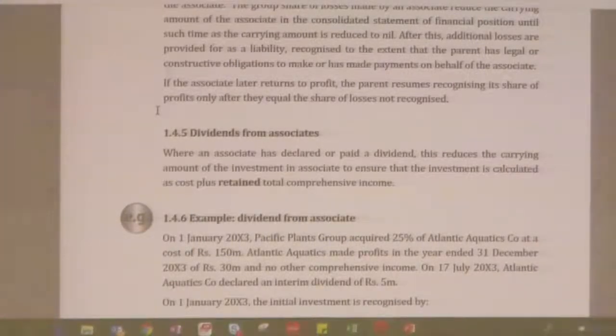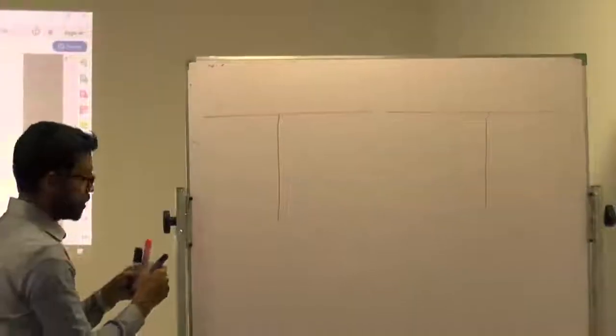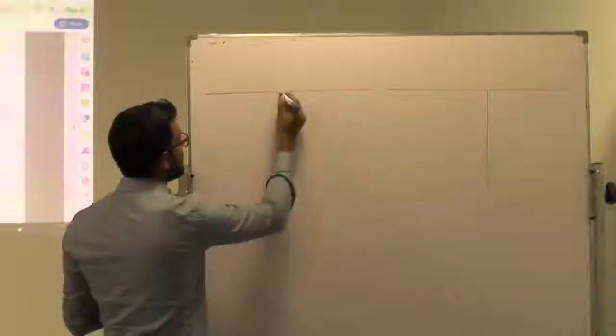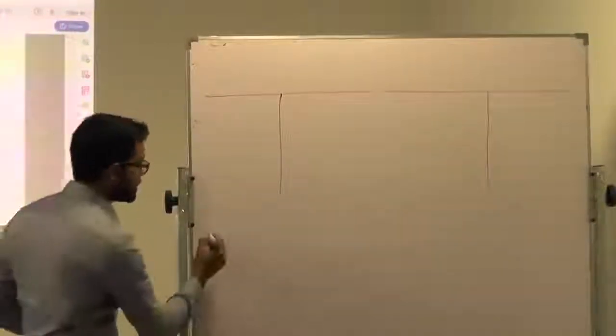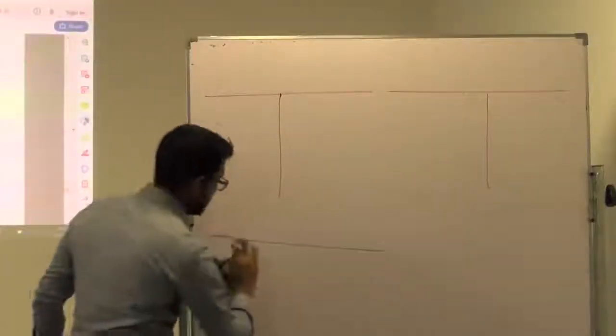Fine. Now take these double T accounts. Equity method accounting, right? You have 2 accounts. Hope you have the data. You have gone through this question, right? I can't show both the screen and the calculations, that's why I am using only the board, right?